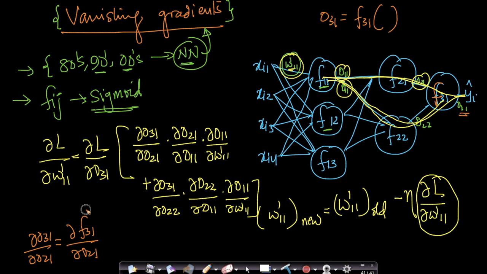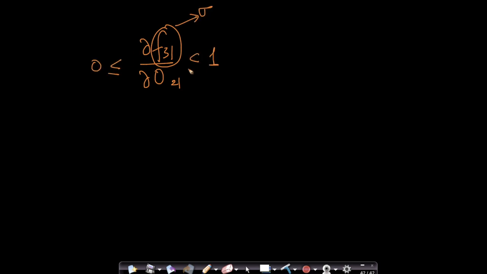And remember, each of these functions is sigmoid. Which means these derivatives, as we saw in the previous video, the derivative of F31 with respect to O21, because this is sigmoid, lies between 0 and 1.